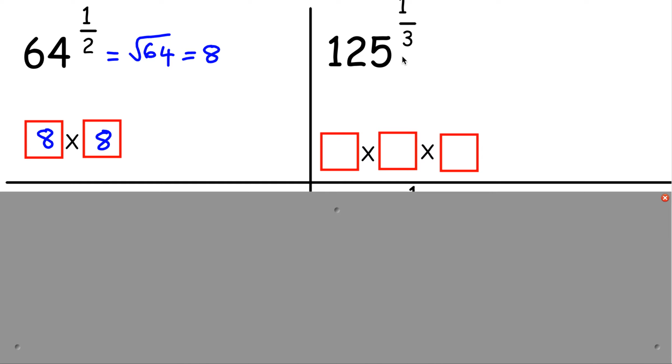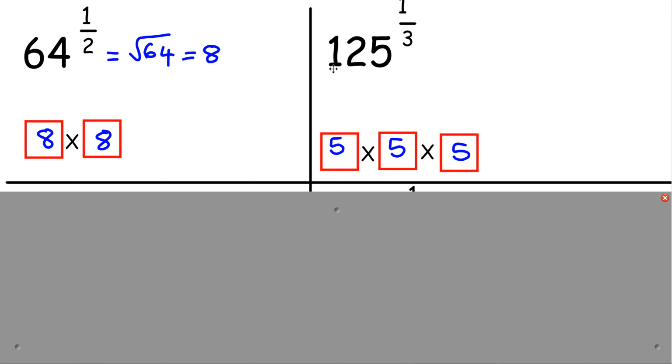Now, if I have 125 to the power of a third, the denominator indicates how many times the number is multiplying by itself. So what times by what times by what gives me 125? Well, this must be 5. So 5 times by 5 is 25. 25 times by 5 is 125.